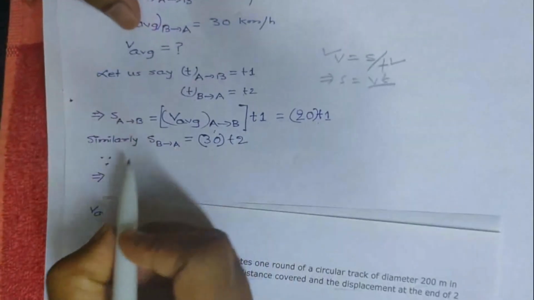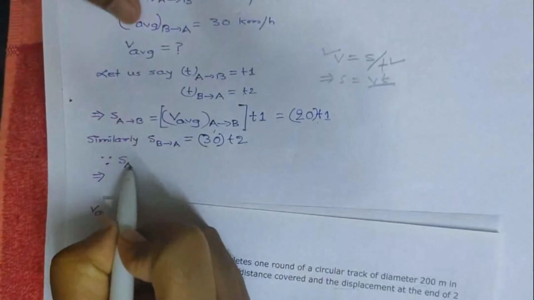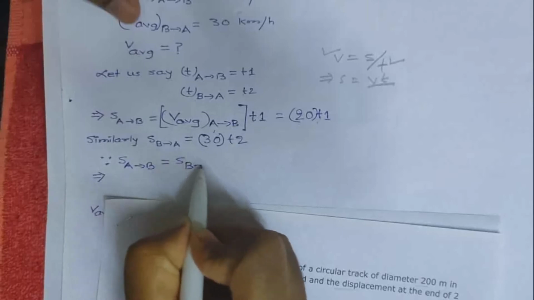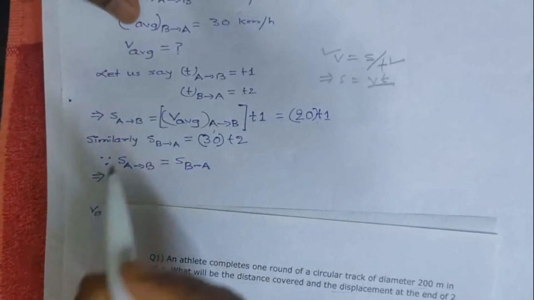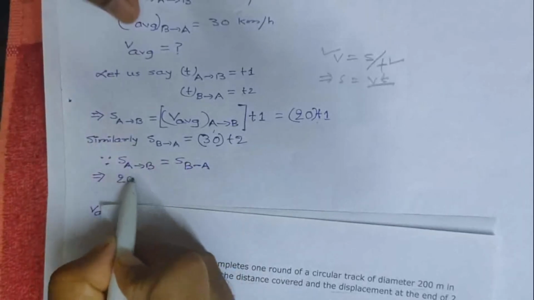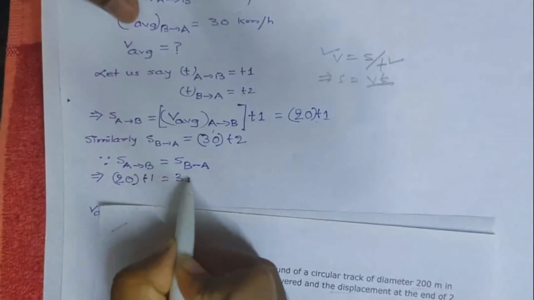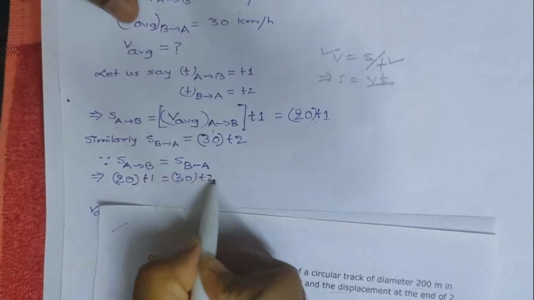Since S A to B is equal to S B to A, that means essentially what we are trying to calculate, t1 is equal to 3/2 t2.